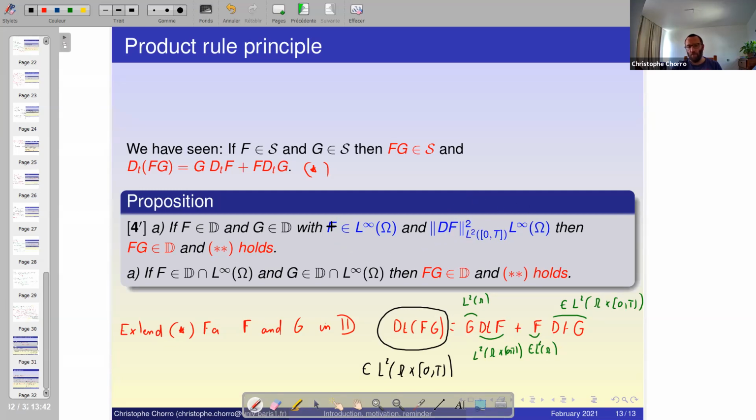From the fact that F is in L infinity, this one is in L2 of omega times 0 to capital T. And from the fact that this one is in L infinity of omega, this one is in L2 of omega times 0 to capital T. So you have here an integrability condition on F and on its derivative in the Malliavin sense, allowing to give sense to the integrability conditions here. And so it's possible to prove that this proposition is true.